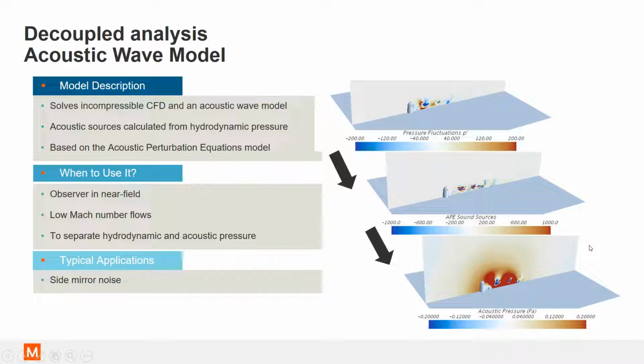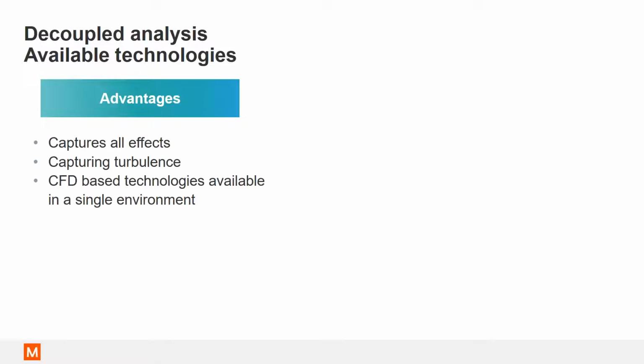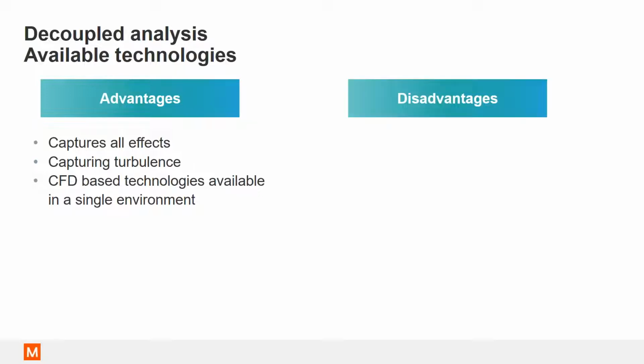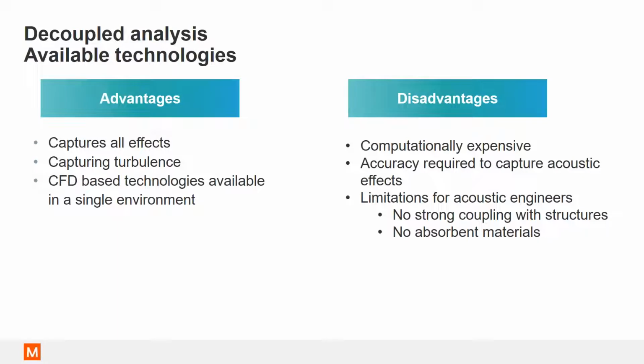So going back to these decoupled analyses, I just want to talk about the advantages and disadvantages. Advantages: one of the main ones is that you're trying to capture all the effects, you're capturing turbulence, and it's all available within STAR-CCM+. All these methods that I talked about are built into STAR-CCM+. But when we look at the disadvantages, we have a few. First, it's computationally expensive.